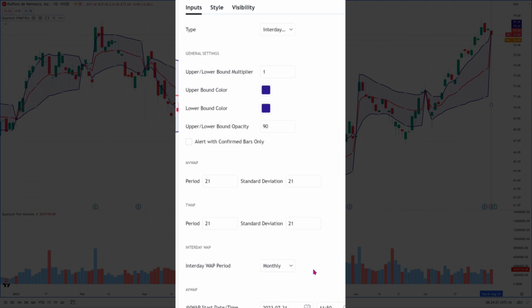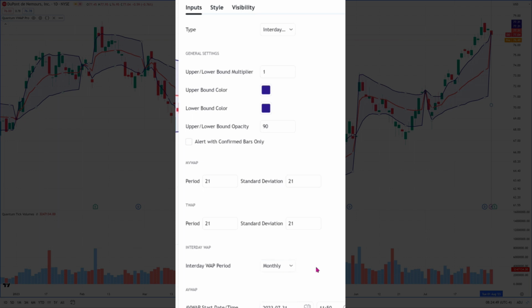And then down the bottom here, you can see we have the Interday WAP period, and this is set to monthly. We have, as I mentioned, the weekly, the monthly, and the yearly. But what we recommend is that for the dailies, you use the monthly. And then when you move to the slower time frames of the weeklies and the monthly charts, you then switch to using the yearly anchor.